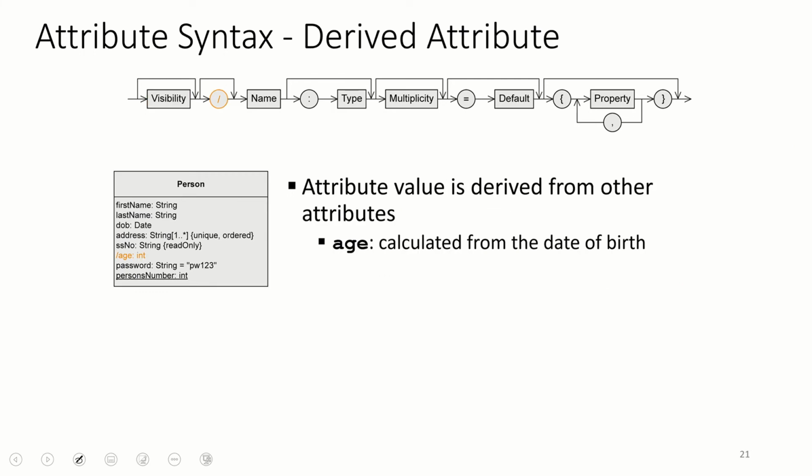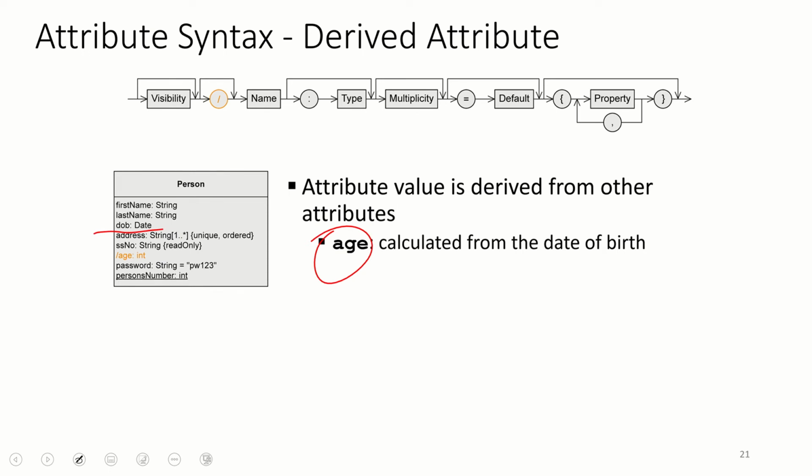Next one, the slash. The slash means this value is derived from other attributes. For example, the age. You don't have to ask a user or a developer to define the age, because those attributes can be calculated from the date of birth, right?